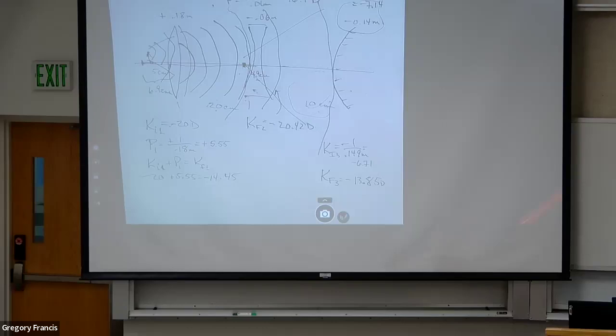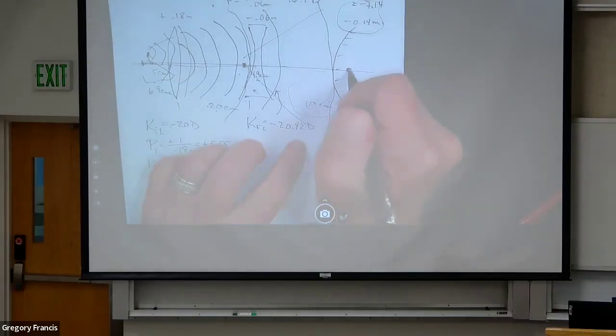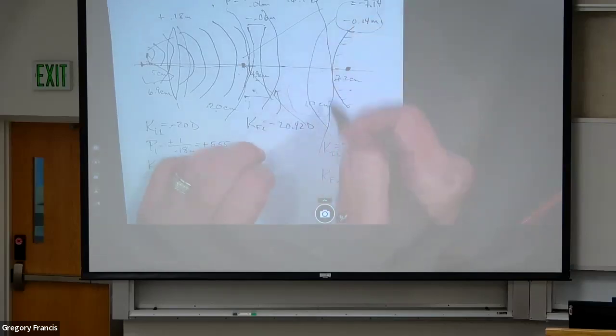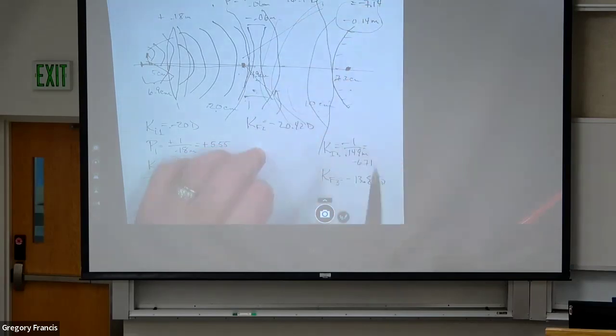Okay, so if I take that 13.85 and do 1 over it, I get 7.2 centimeters. And so it's now looking like there's a virtual image back here that is 7.2 centimeters behind. And the wave is now going this way.